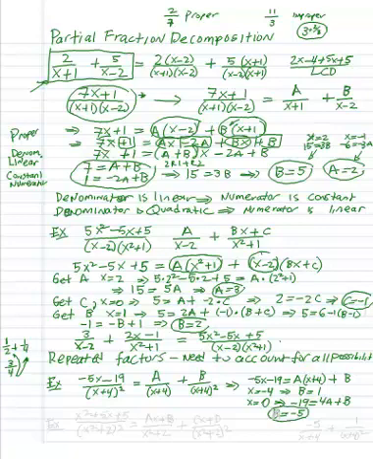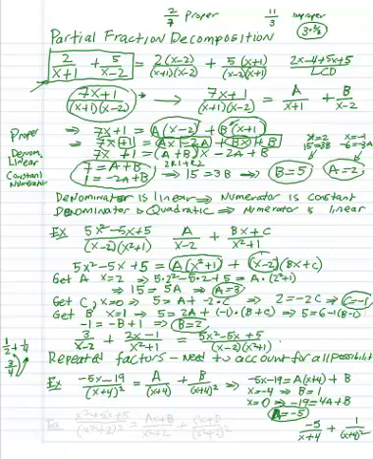And so my decomposition would look like this. This is A, not B here. So I get negative 5 over x plus 4 plus 1 over x plus 4 squared. And that would be the decomposition for that fraction.